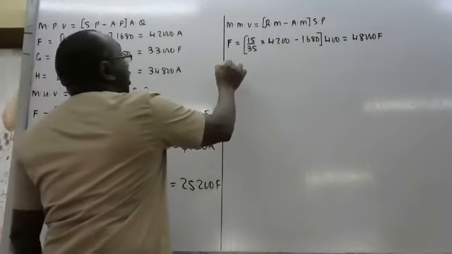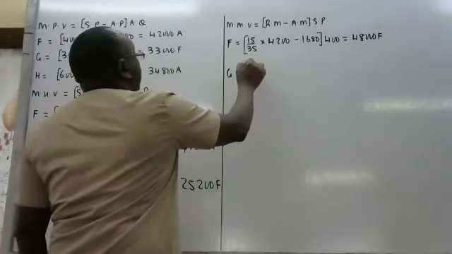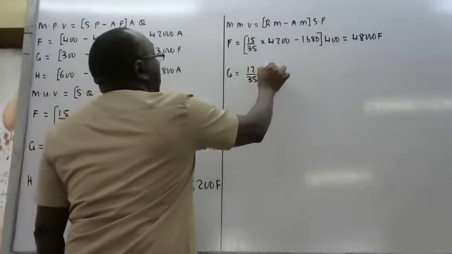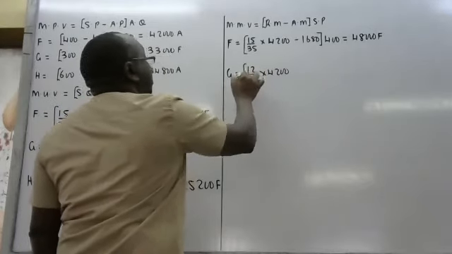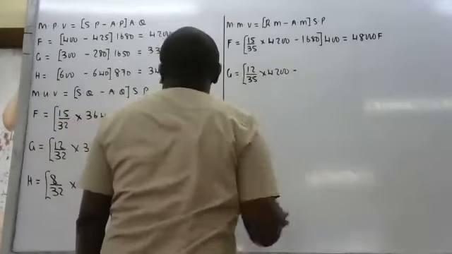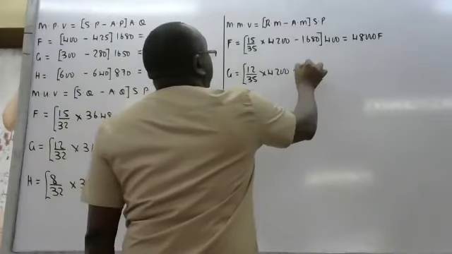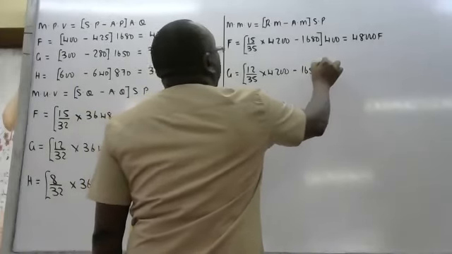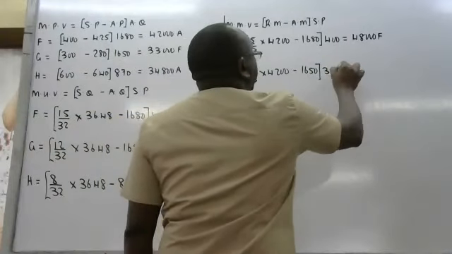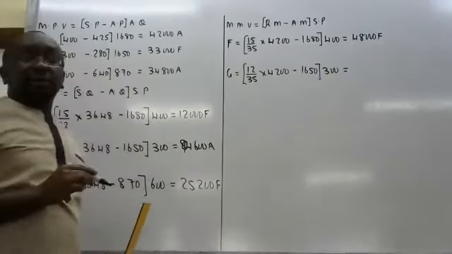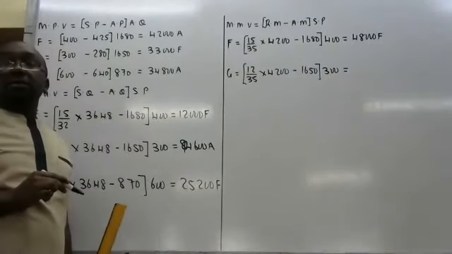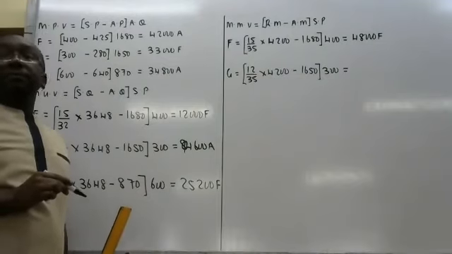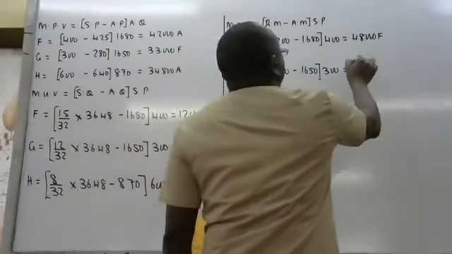Twende kwa G. G was supposed to bring 12 in a total of that 5. So multiply by 4200 minus 1650. The starting price is 300. $63,000 advance.